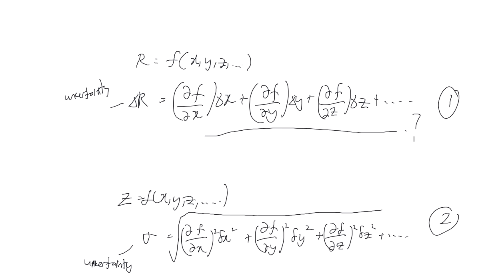So I want to explain how we end up with the general representation of uncertainty, approach number one and approach number two.